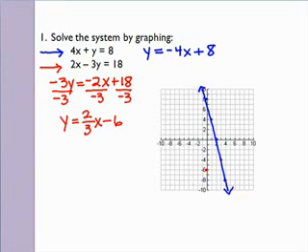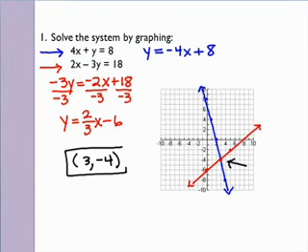So I start at negative 6, and I go up 2 and over 3, up 2 and over 3, and I don't have to do as many because you can see where our intersection is after I did that second point. So our point of intersection is right here, which was 3, comma, negative 4. And so that is our solution.